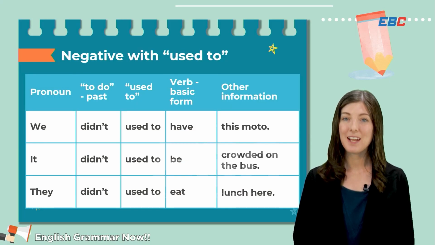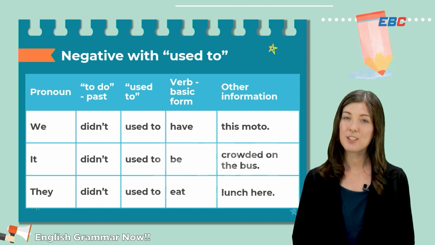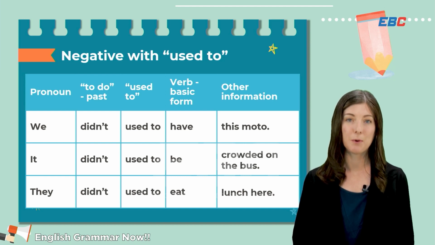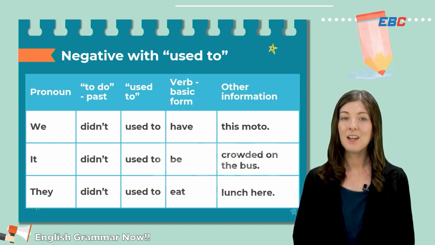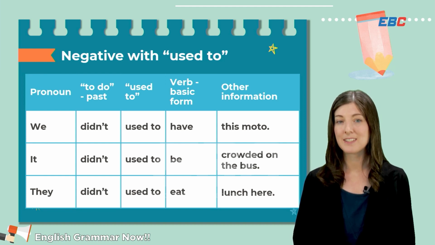We can also make negative statements with used to. We also have to add to do, just like we would in the present simple. So we can say, we didn't used to have this motto. It didn't used to be crowded on the bus.